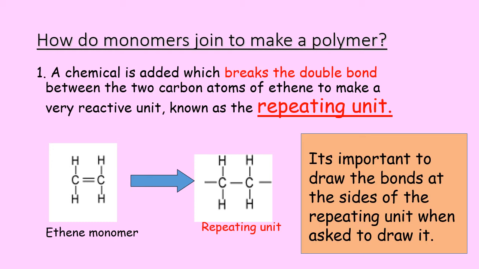So a question can be, draw three monomers joined together, or show the repeating unit. If they're asking for the repeating unit, and even when they're asking for three monomers joined together, you have to make sure that you always have these bonds coming out the ends of your chain or your repeating unit to show that it repeats.